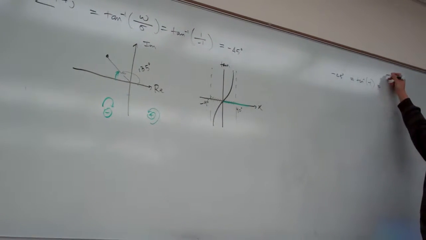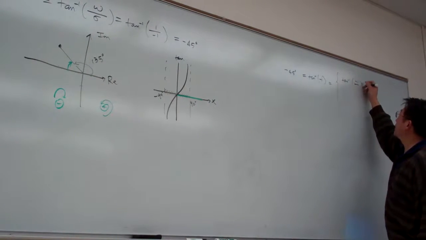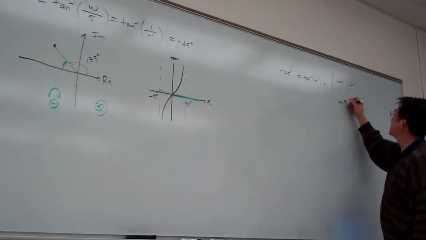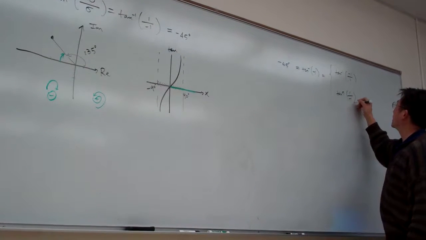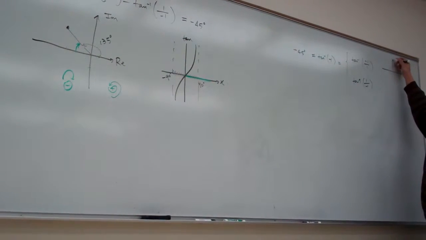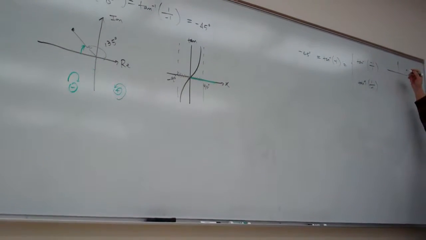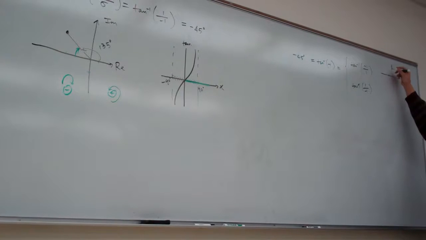So here we have a few possibilities: arctangent of -1 over 1, and arctangent of 1 over -1. For this one, in the complex plane we have the axis at -1 here. Okay, I see.